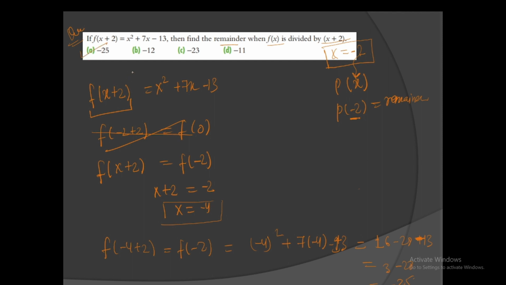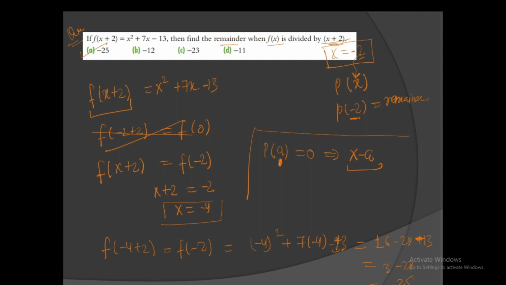In this question, the only thing that was important, that it may confuse for the first timer, like the person who is solving it for the first time, that he may get confused that why we are not putting minus 2 directly, because we are dividing by x plus 2, so we get x equal to minus 2. So one thing you need to see, like when we say that p of a equal to 0, then x minus a is a factor, right?